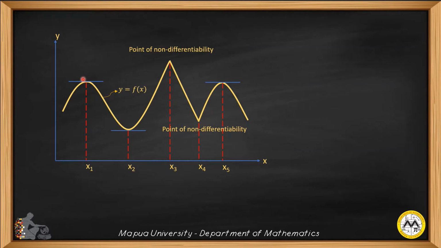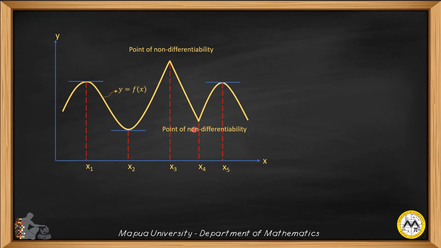So a maximum point or a minimum point on the curve would be points where y prime would be equal to 0, and a maximum or minimum point can either be a global or a local maximum or minimum point. However, please take note that there are points on the curve which are observed also to be highest compared to their neighbors, as in x sub 3, or lowest compared to their neighbors, as given in x sub 4.